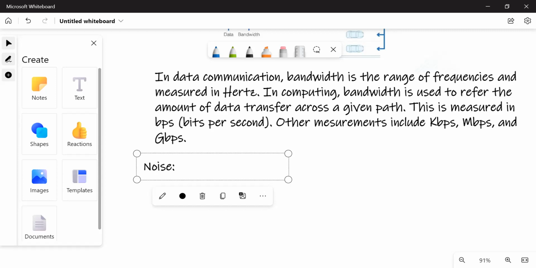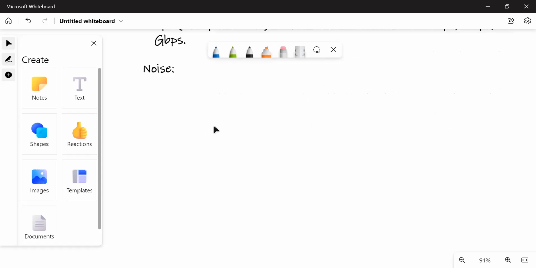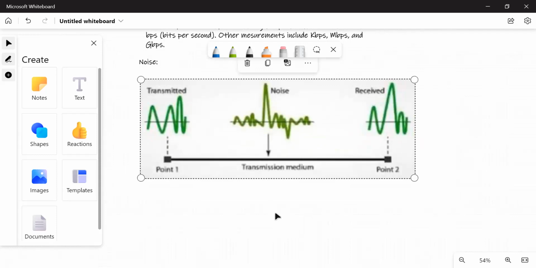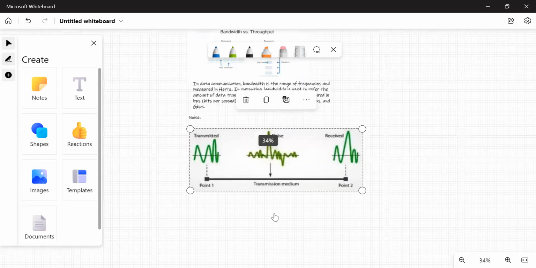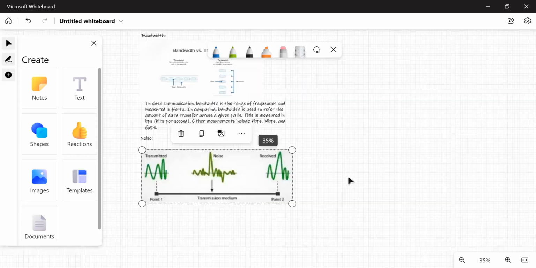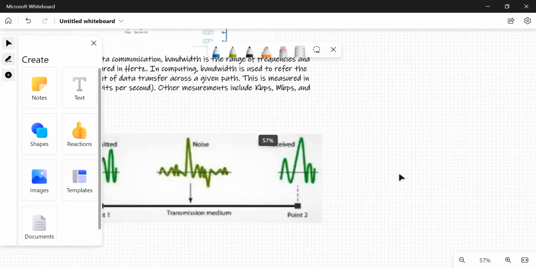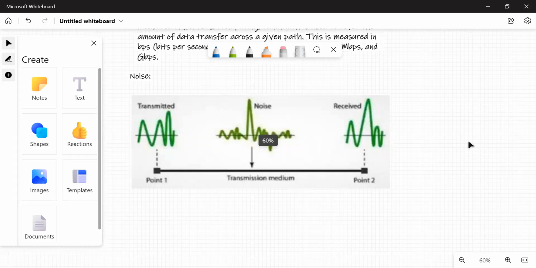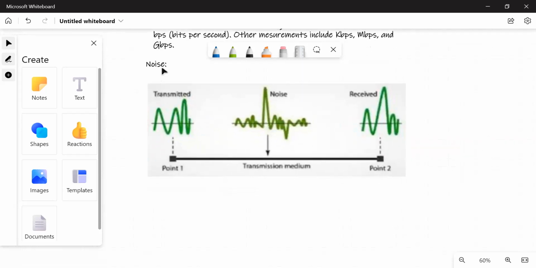So for example, let me show you an image for this one as well. Here you can see, let's say we want to transmit some signal like this, so this is what we want to say.